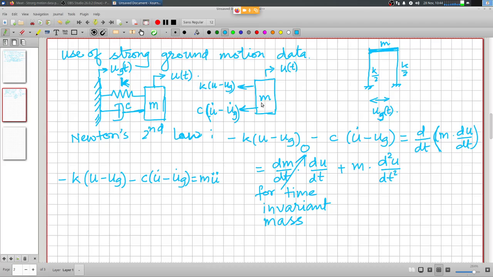Now this u is the total motion of the mass m measured from a common frame of reference, where the base motion is also referred to the same frame of reference.